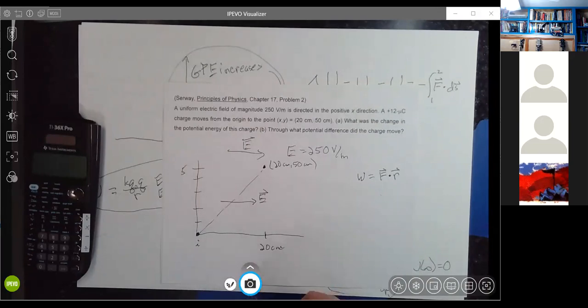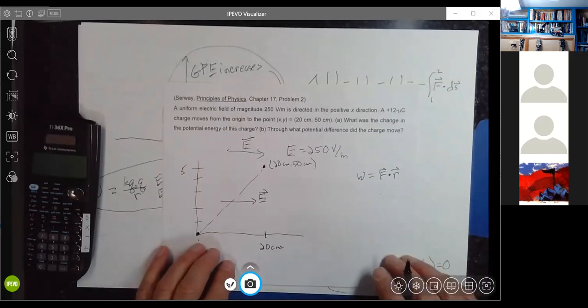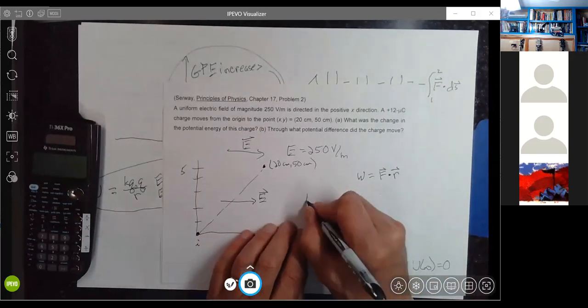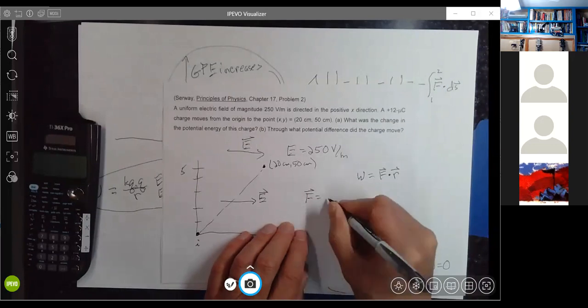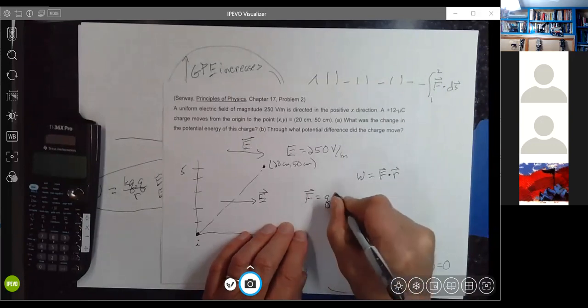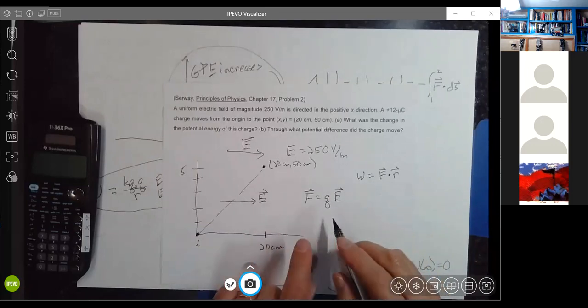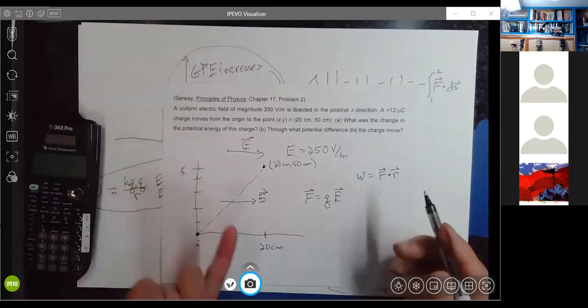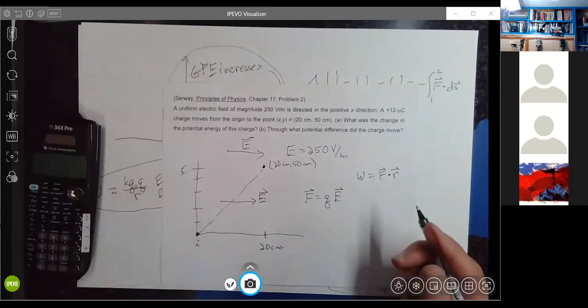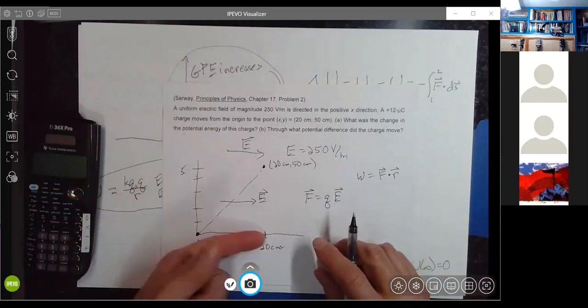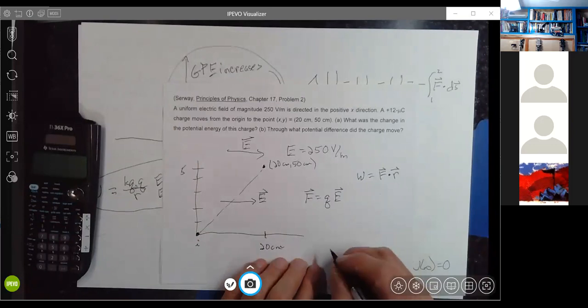And in this case, the force on the charge is going to equal qE. Okay. The work that's done in this case, when you have a uniform electric field, you don't have to worry about integration, at least when you've got a uniform field.